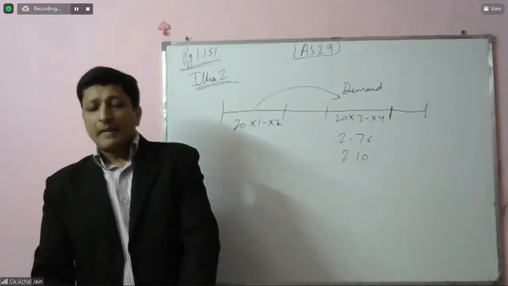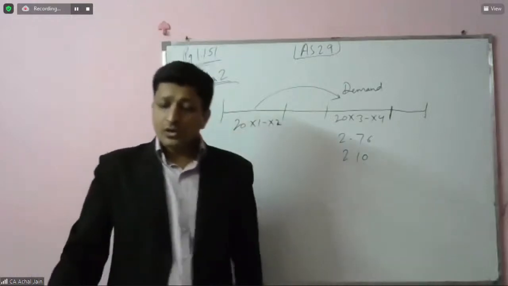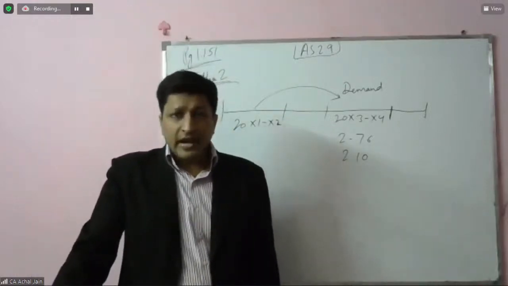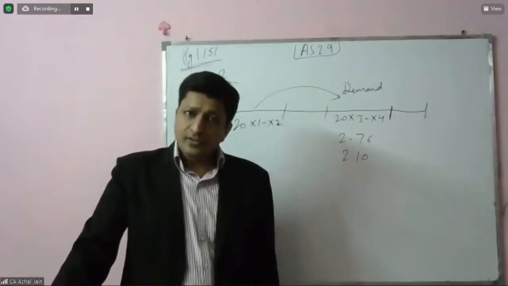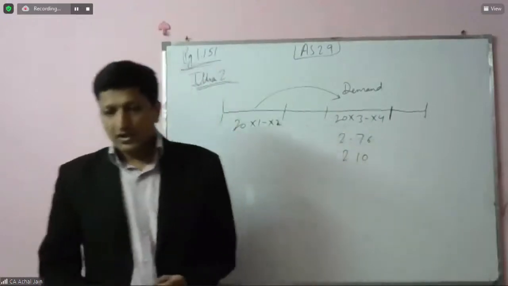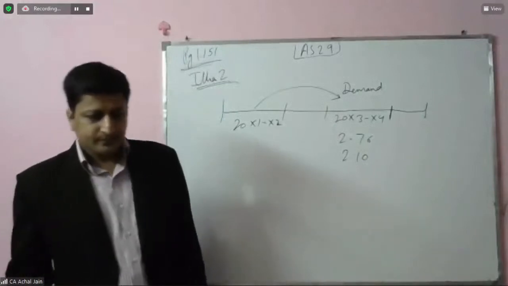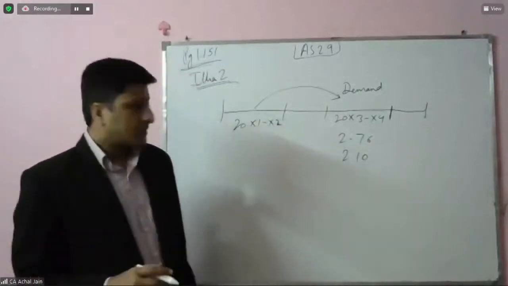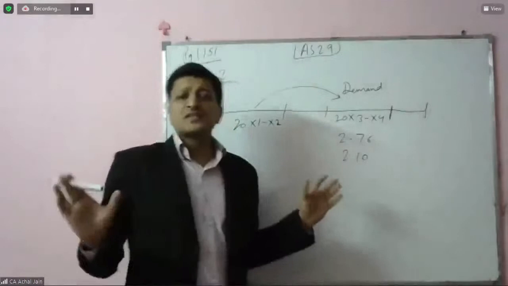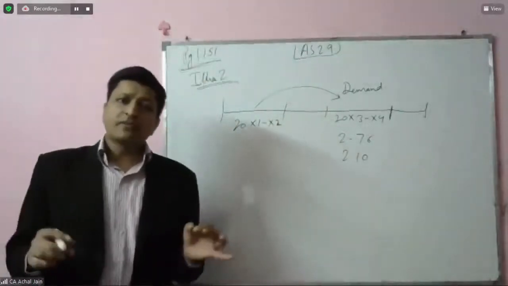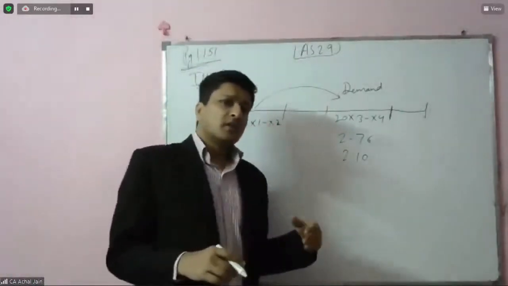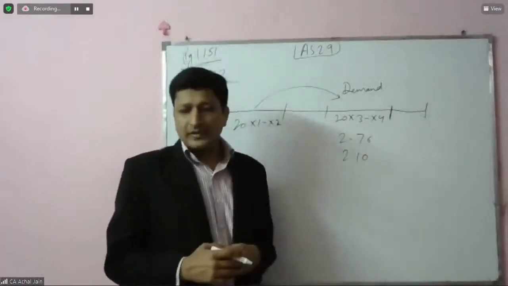Gilbert is saying the balance of 2.10 crore is treated as contingent liability, which will be disclosed in the financial statements. Okay. So if we look at the solution, in this case, out of 2.76 crore, 2.10 is disputed by the company.